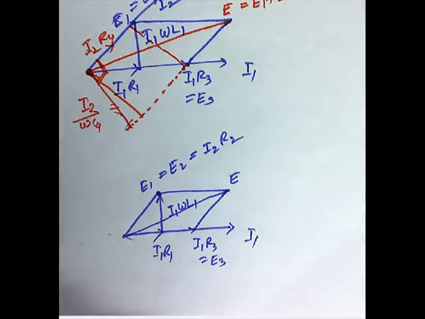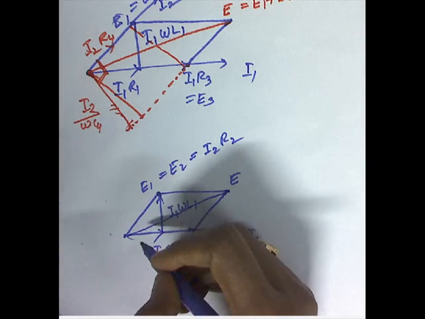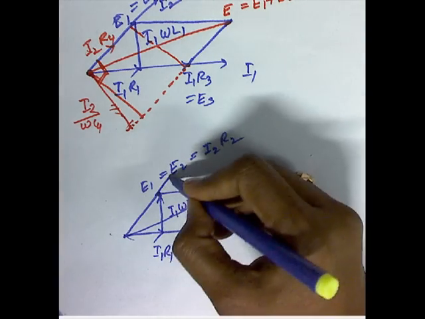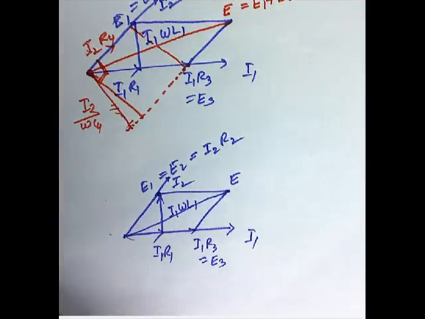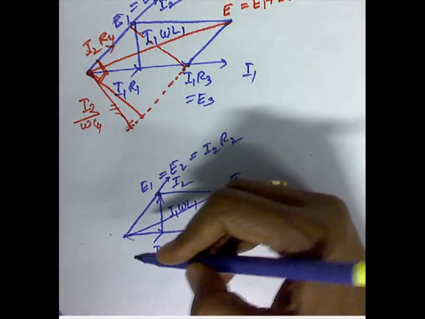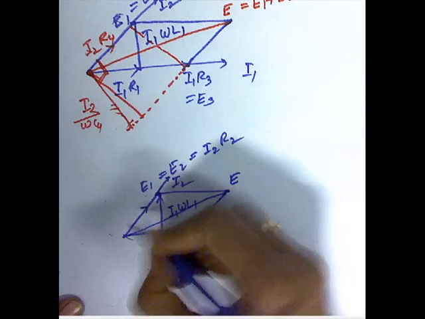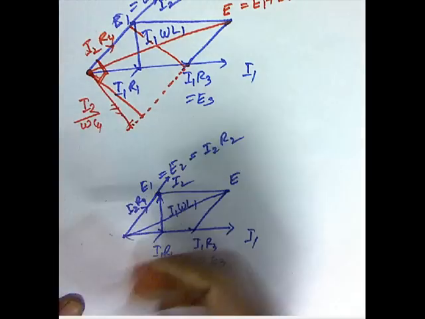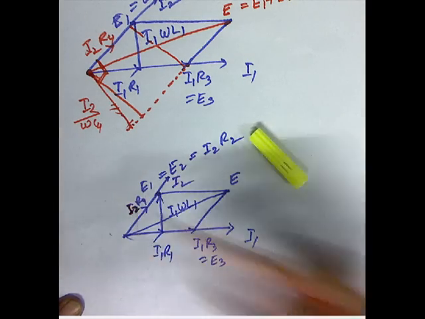As the bridge is balanced, I4 is equal to I2. So I2 R4 in the same direction. This is your I2, this is I2 R4.